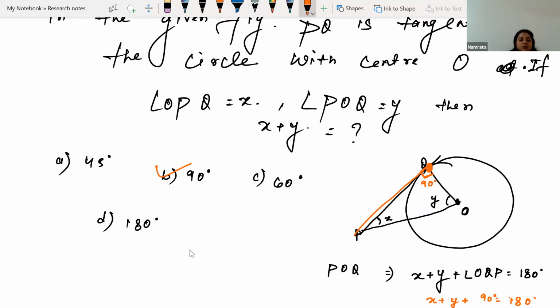Got it? Just by applying the tangent theorem, the first theorem which you have learned in this circle chapter, that at a point of contact when you join the radius with the center, that will make a 90 degree, a right angle with each other, right?